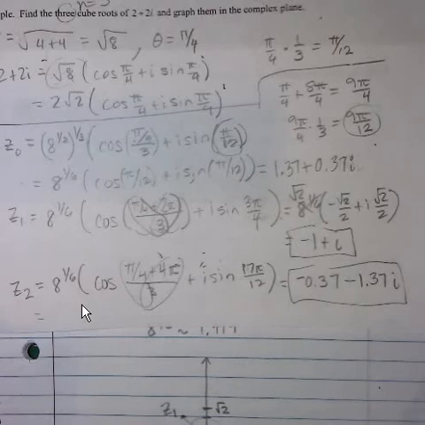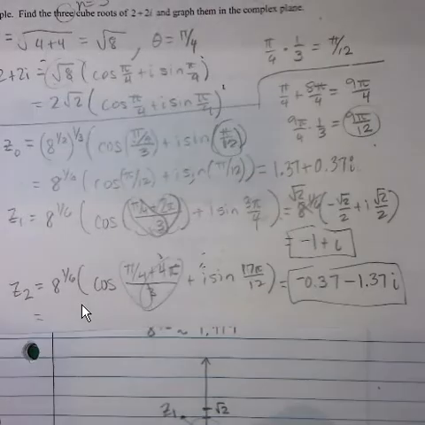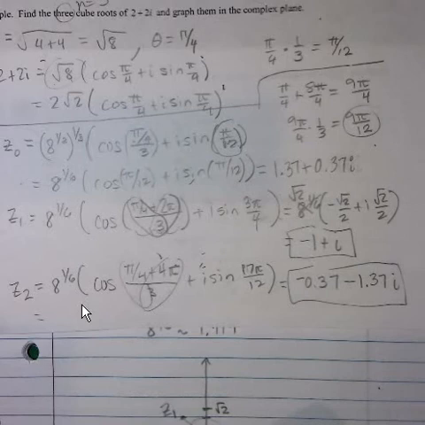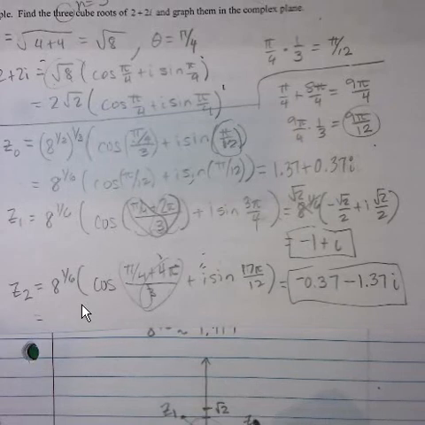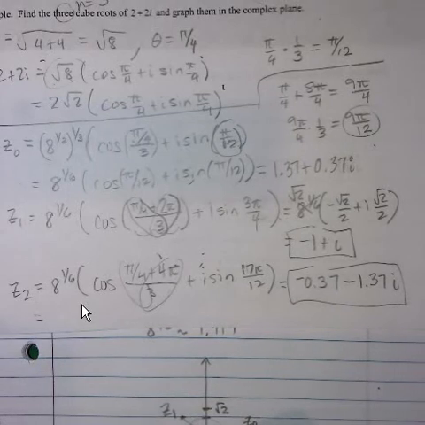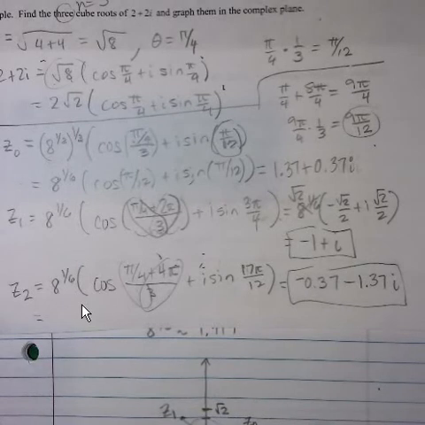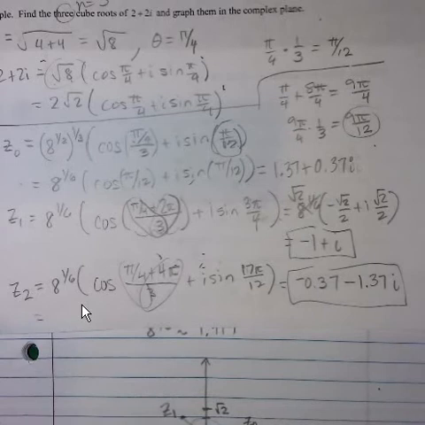So pi over 12 is over here in quadrant 1. This is 1 point, so this is 2, 1.37, and then up 0.37. This is z sub 0. Again, notice the same radius. And then z sub 2, negative 0.37, down negative 1.37.